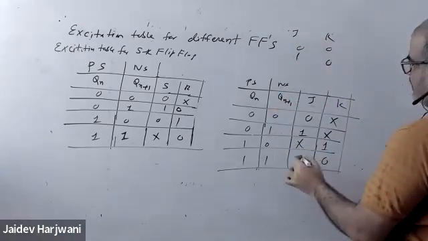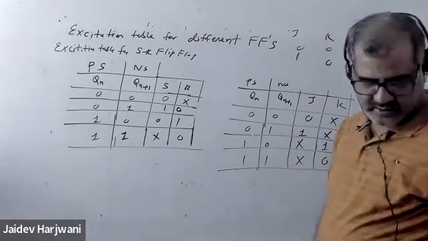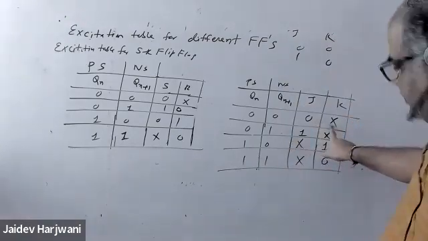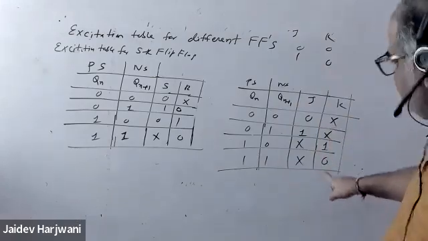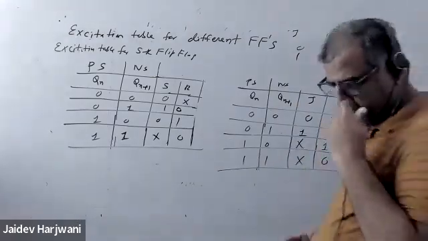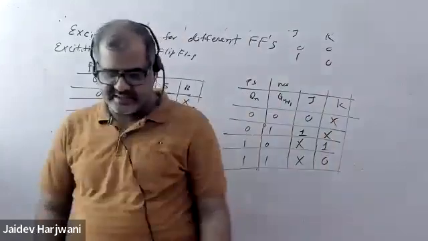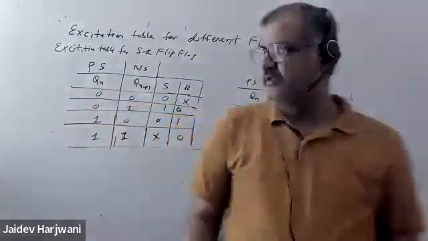So this will be J equals x, K equals 0. So 0x, 1x, x1, x0. This is the excitation table for JK flip flop.